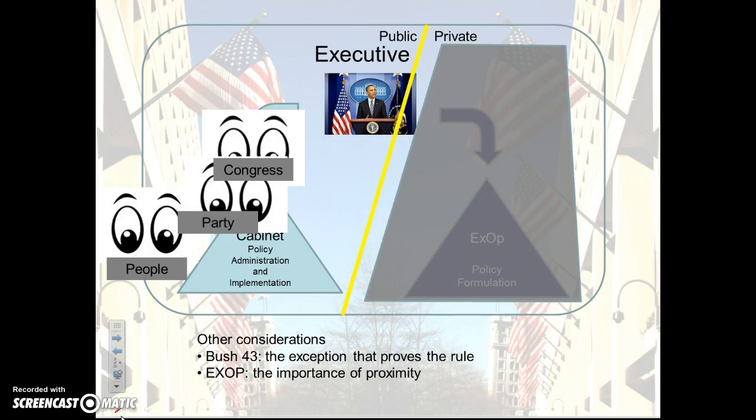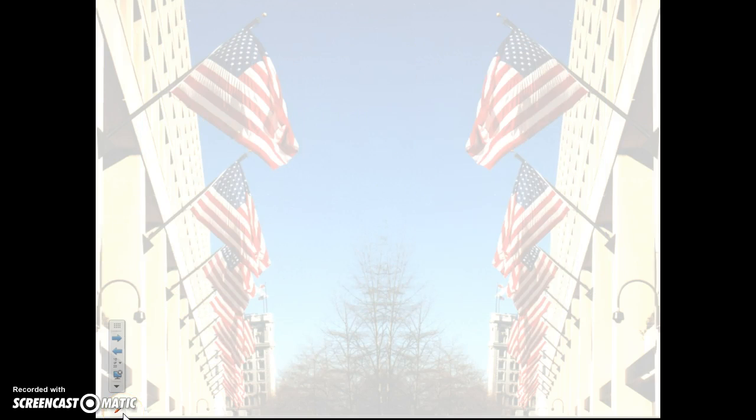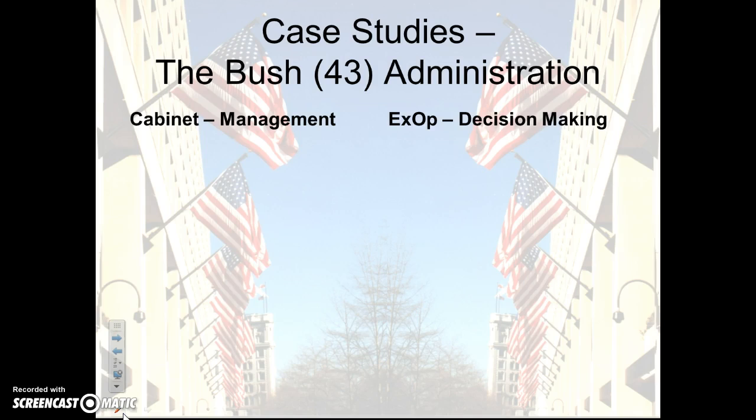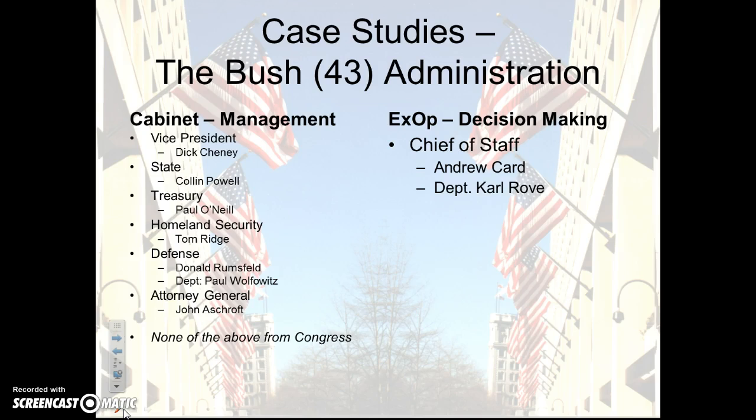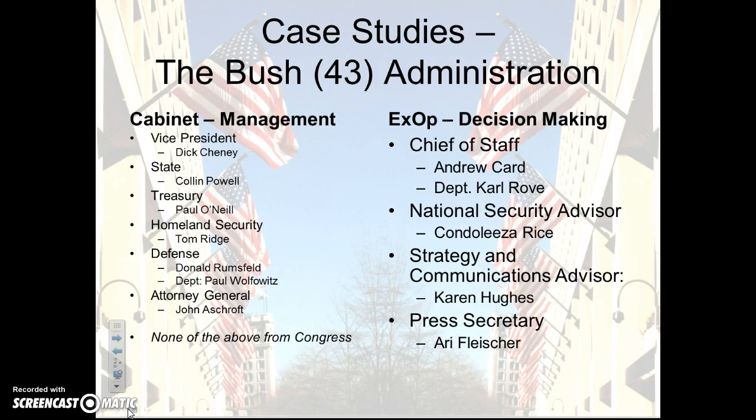So, we do have an exception that proves the rule, and I'm going to talk about that right now. The Bush administration was managed very, very carefully by a central cabal of what we would call neoconservatives. Look at all those cabinet positions. None of them came from Congress. That's really quite significant. And bear in mind that over time these positions all changed, but these were the key ones.